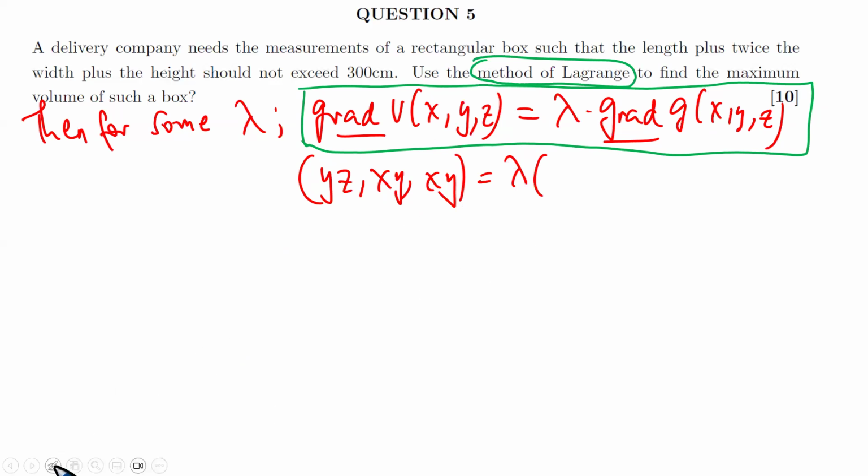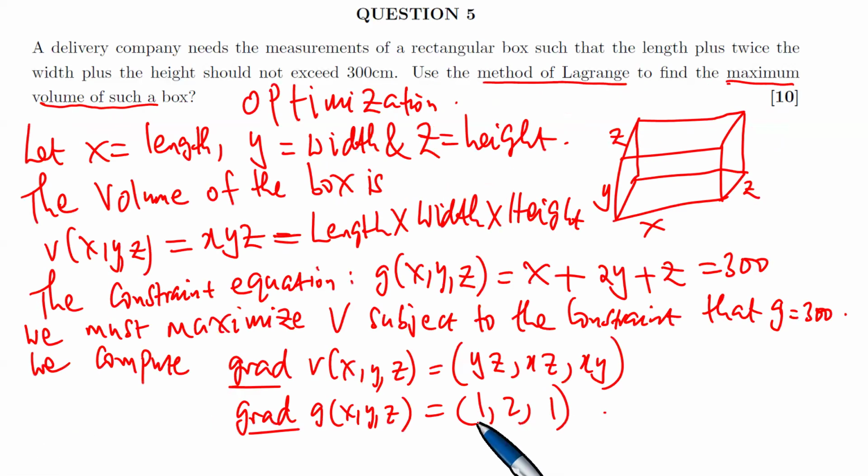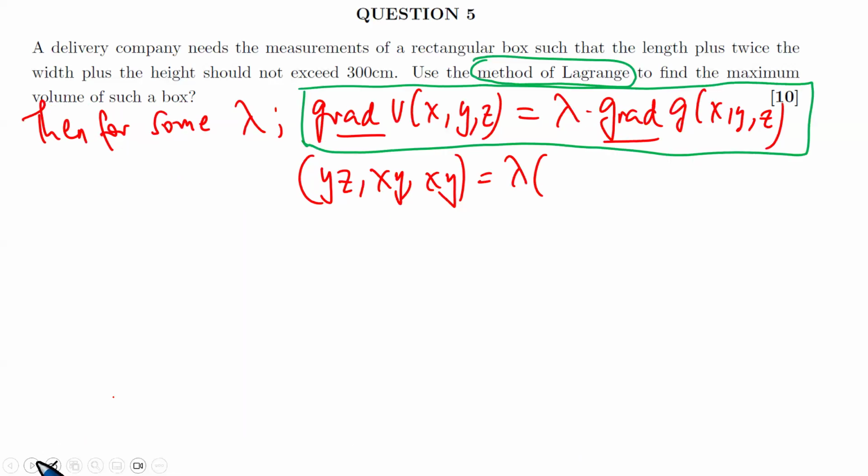Now, we then say, what is the gradient of the constraint equation? It is (1, 2, 1). Put it here, and multiply by distribution.